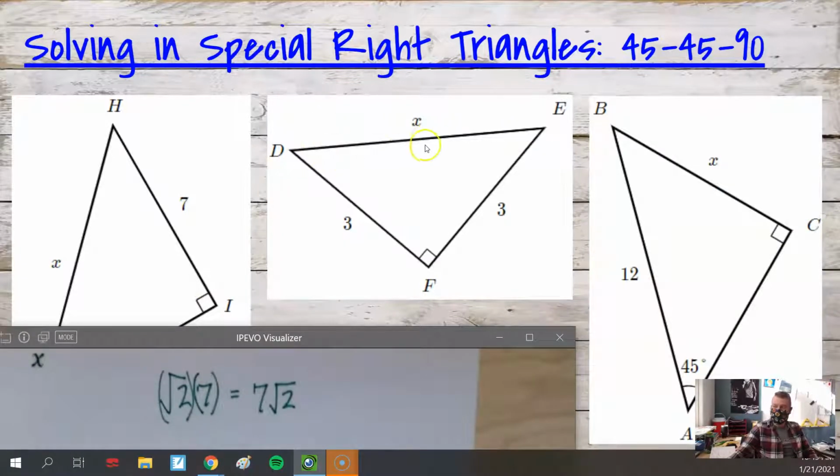What is DE? Yeah, 3 radical 2. And what is X here? Oh, wait. I heard somebody say 6 and just stop.